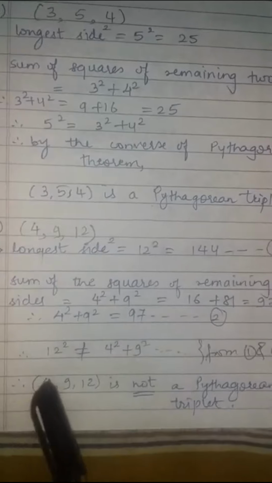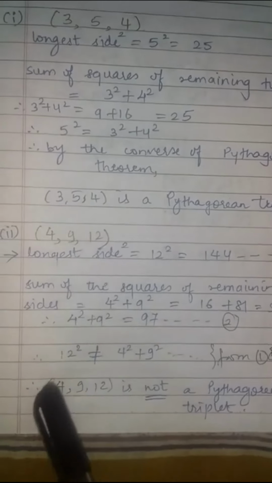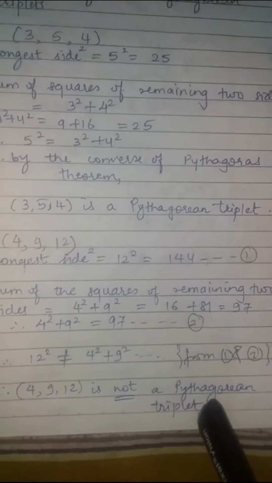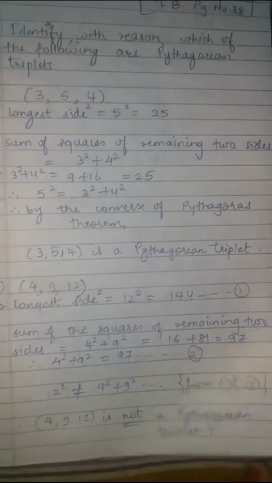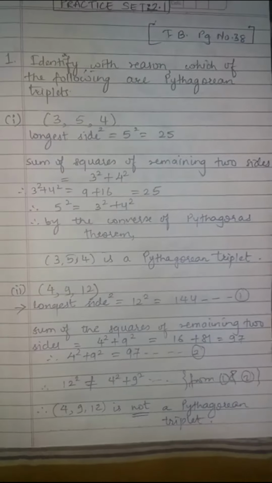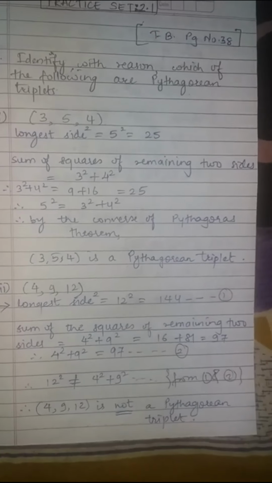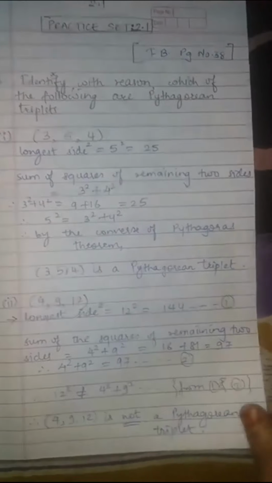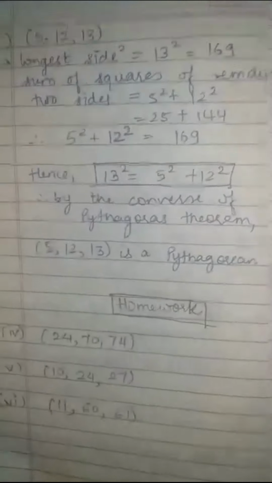Therefore, the given triplet, that is 4, 9, 12, is not a Pythagorean triplet. Fine. So you can copy the solution. Clear?